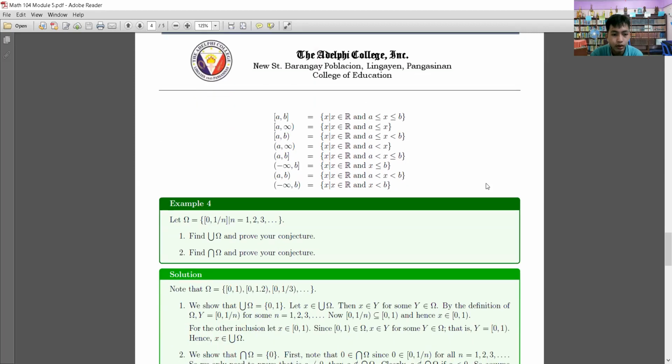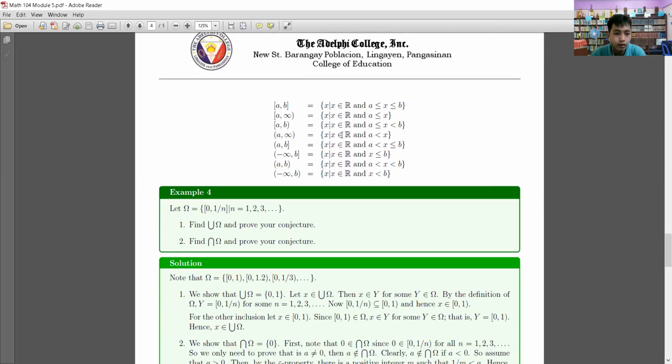So let's proceed to example 4. Let omega be the set of all closed intervals from 0 up to 1 over n, where n is 1, 2, 3, up to infinity.